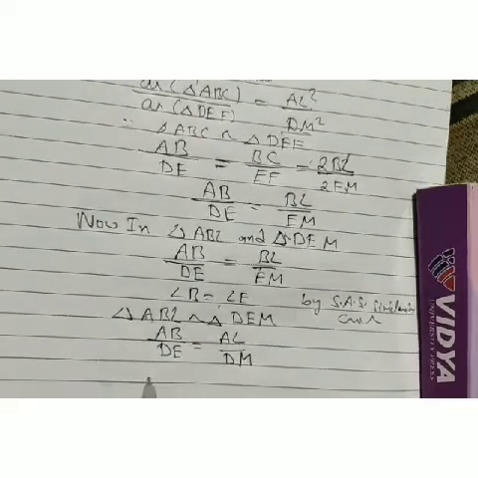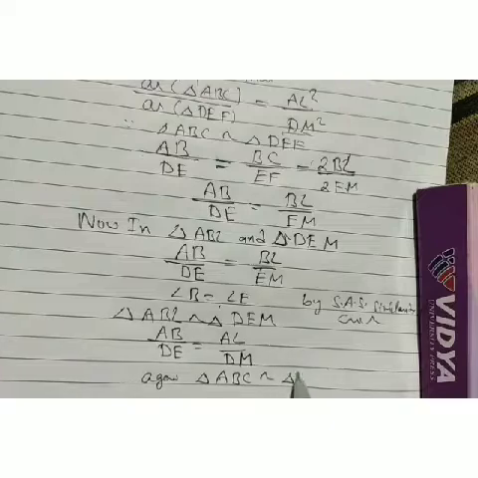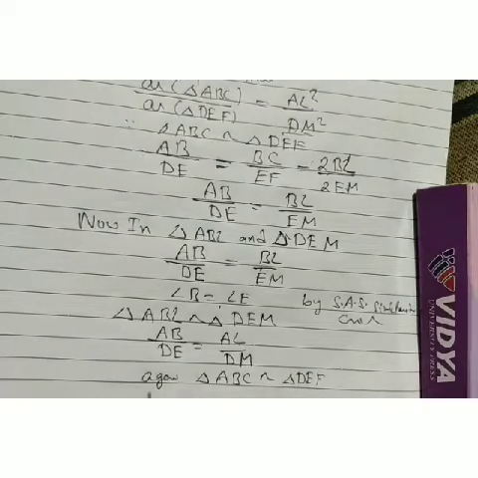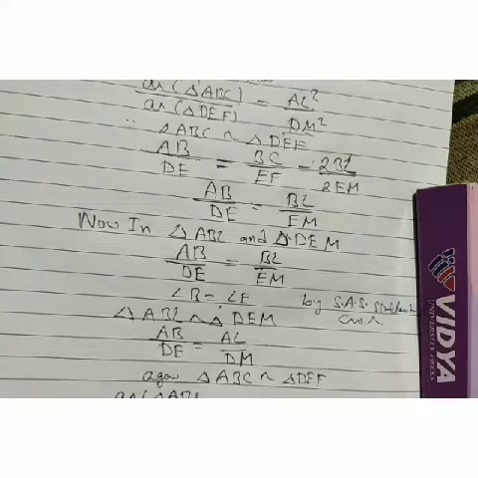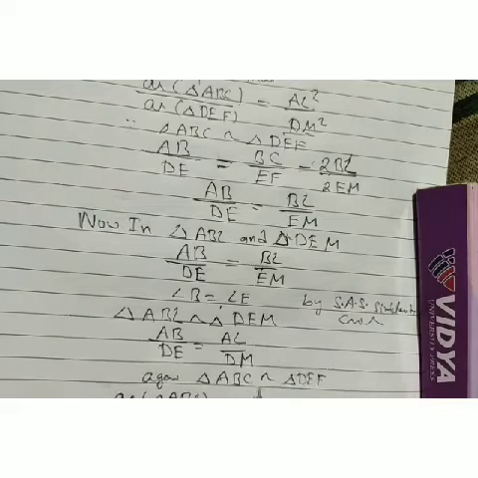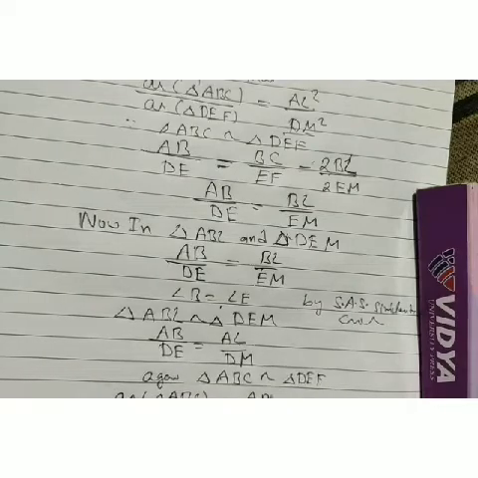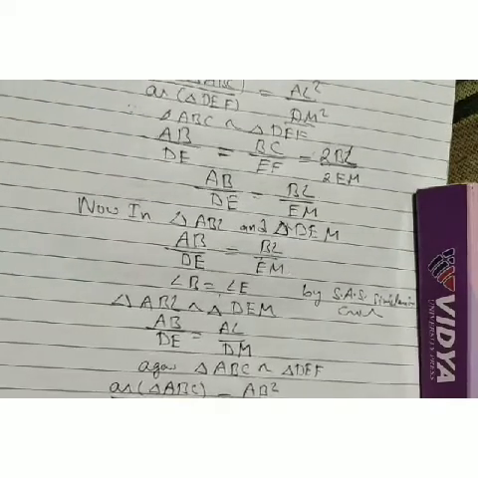Now again, triangle ABC is similar to triangle DEF. Then by the area theorem, the area of triangle ABC to the area of triangle DEF is equal to the square of the corresponding sides, AB square to DE square. But AB upon DE is equal to AL upon DM.